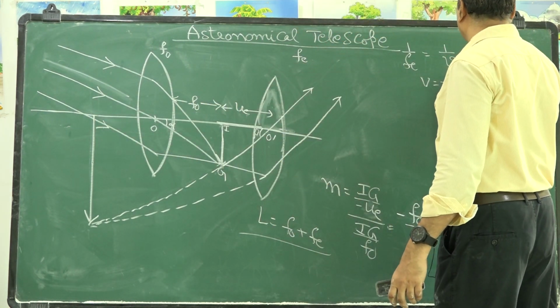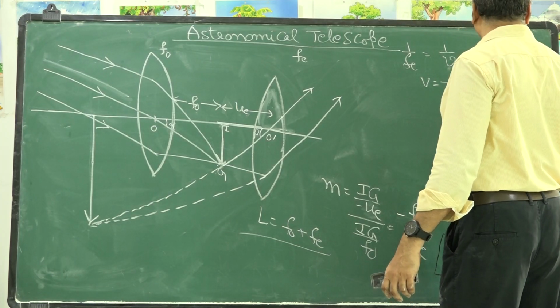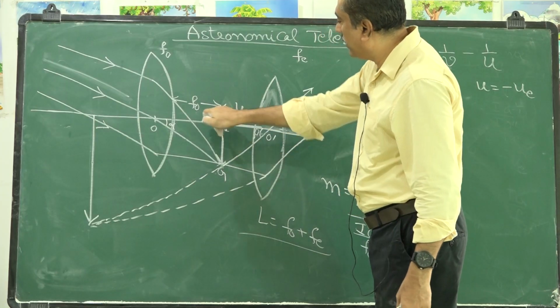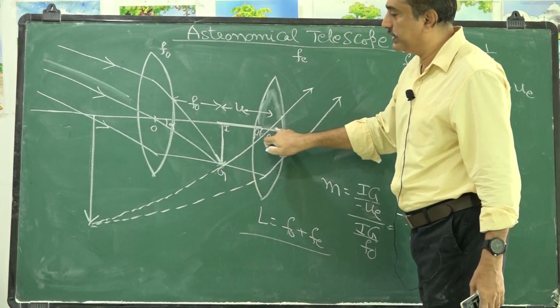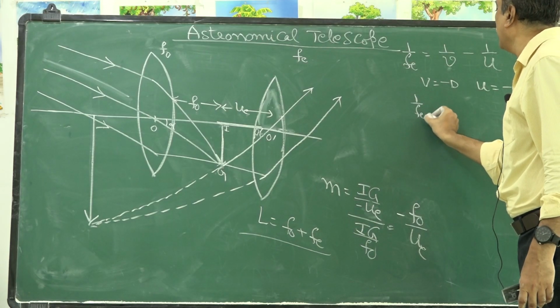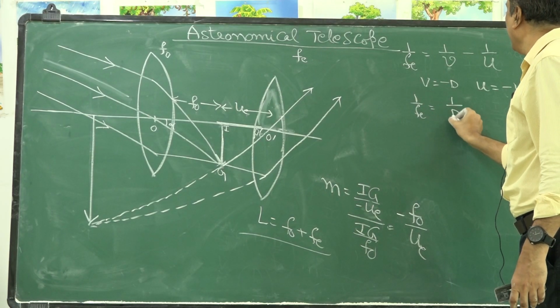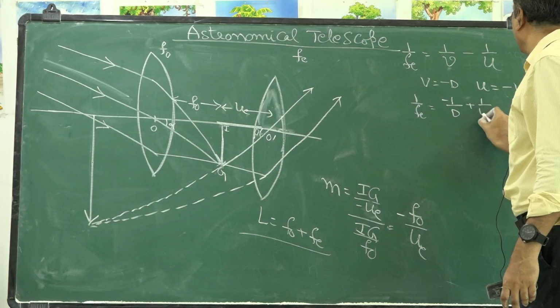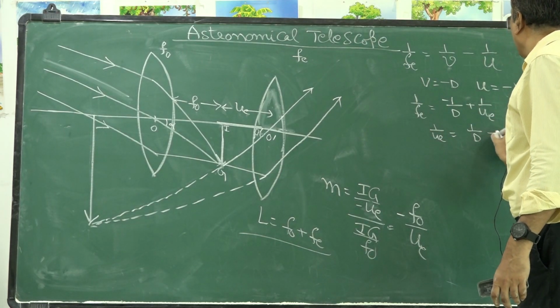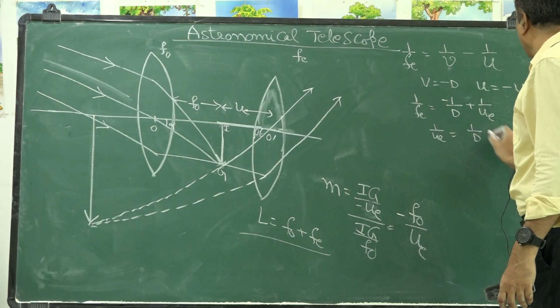So, V is equal to minus D, U is equal to minus UE, because this distance is measured opposite to the direction of propagation of light. So, by this we can write 1 by FE is equal to 1 by D plus 1 by UE. So, 1 by UE we can write as 1 by D plus 1 by FE.